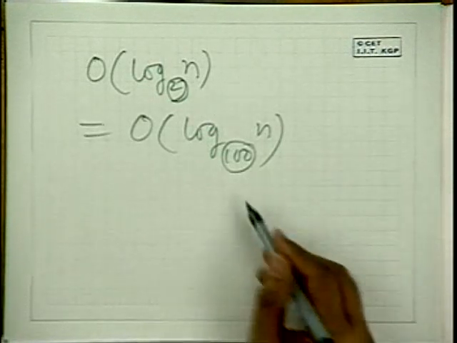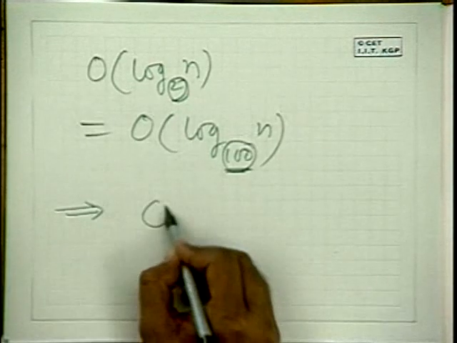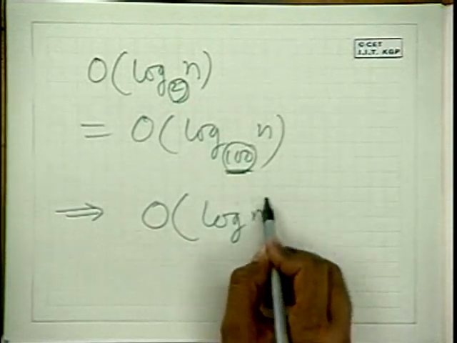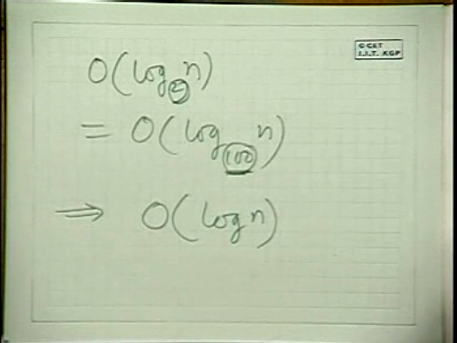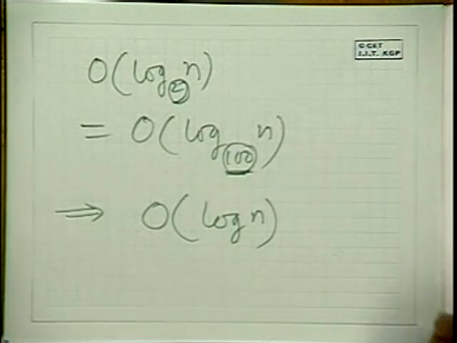So most of the time we'll just say order of log n. We'll not mention the base. It's understood. Most of the time it will be 2, but it does not matter in our notation.